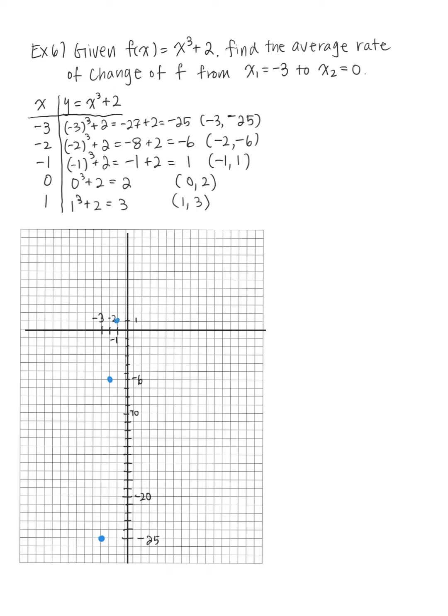So we're going to be plotting right here. And then the next one is 0 comma 2, so that will be here. And 1 comma 3, so 1 comma 1, 2, 3. This is such a tight squeeze of the graph here. Again, my apologies, but if you draw this really big, then you should be able to see the graph better. But this graph is going to go like this.